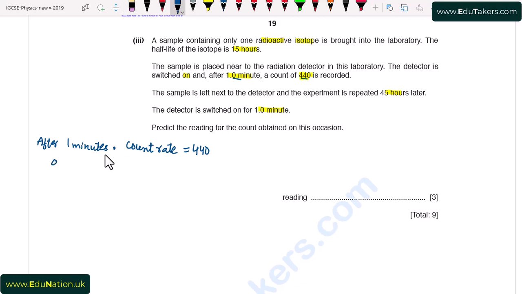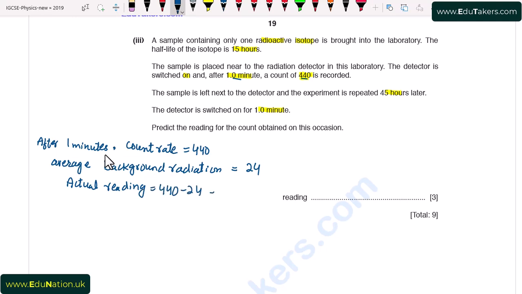So I just write here average background radiation. For this the total count is 24. So that the actual reading of counts comes to be 440 minus 24, it will be equal to 416.